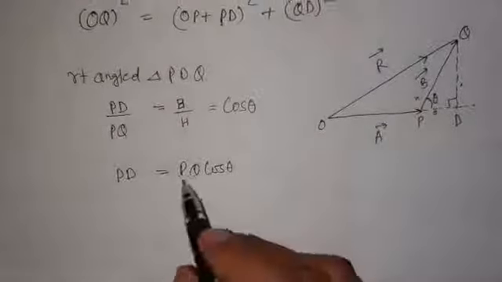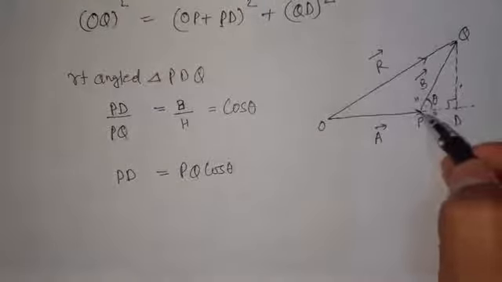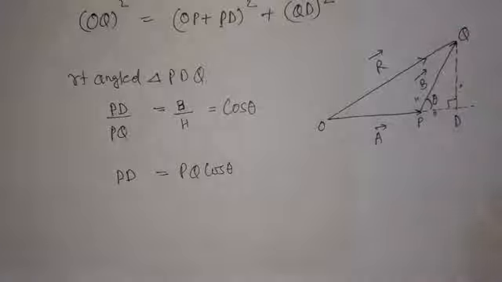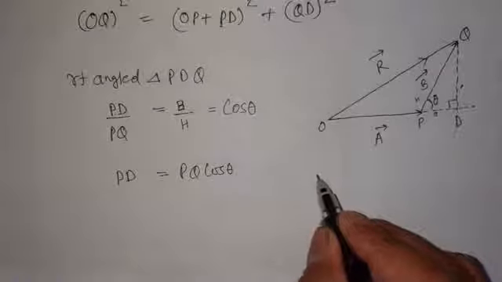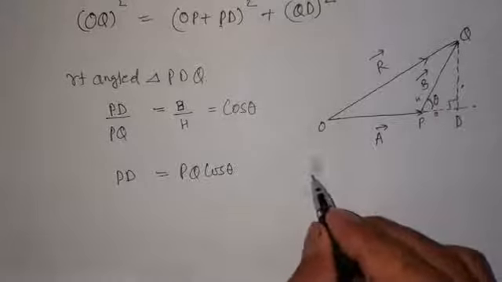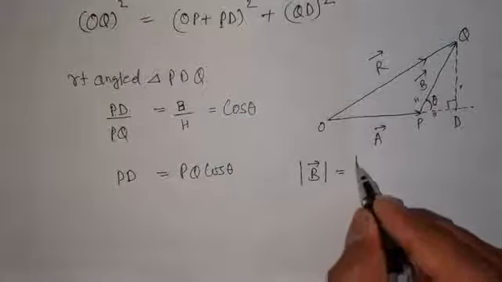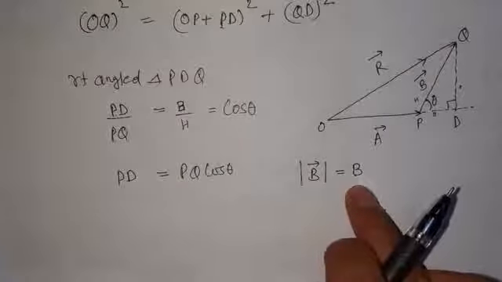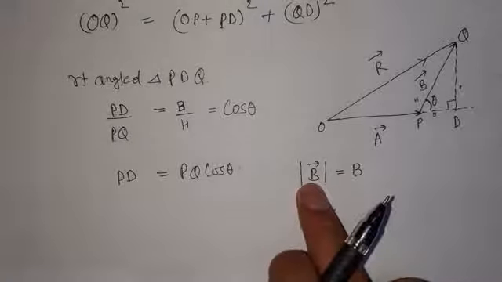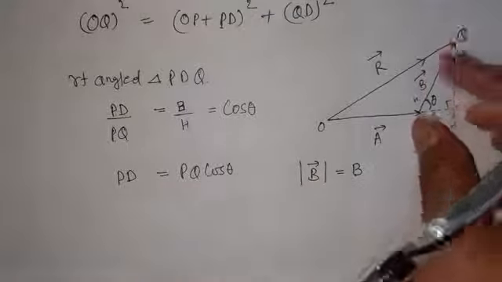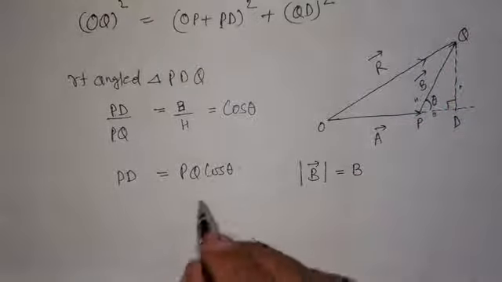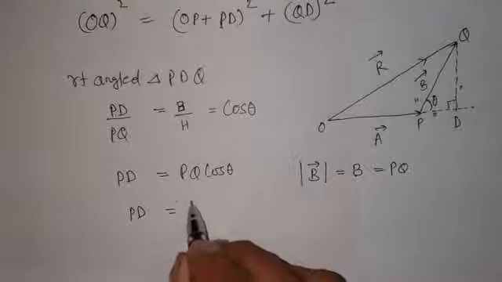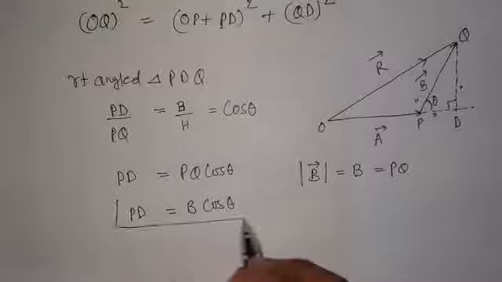Now PQ is the length of this vector, meaning only the magnitude is required. And how do we find the magnitude of a vector? We take its mod, which is simply written as B. So PQ represents the magnitude of vector B, and PD is equal to B cos theta.